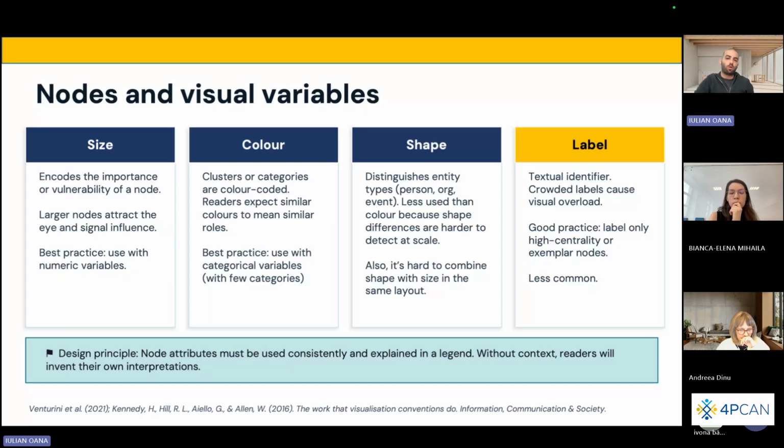Similarly to color, we also can talk about shape. Instead of coloring the nodes, or besides coloring the nodes, we can also set nodes by shape, make them triangles, circles, squares. It's less common than color, because a lot of times shape differences are harder to detect at scale.